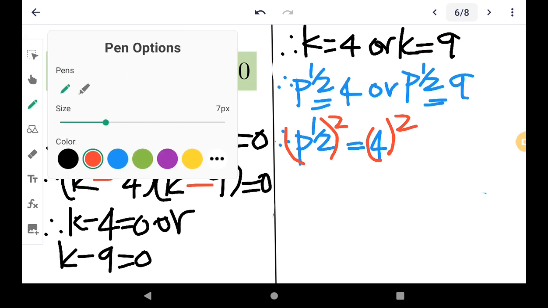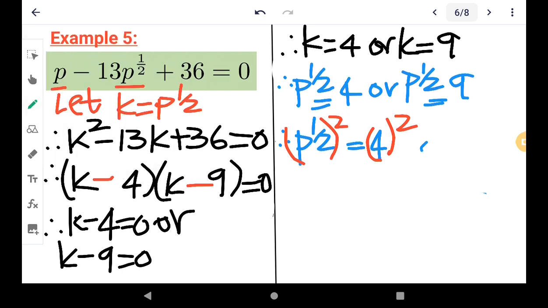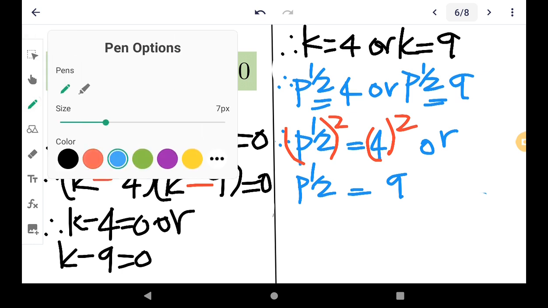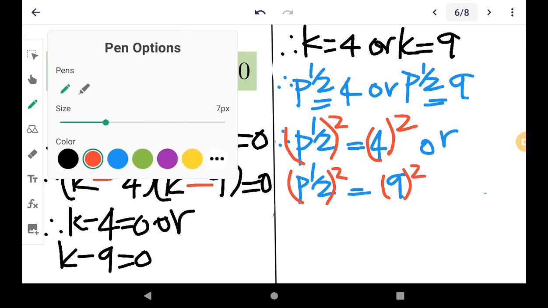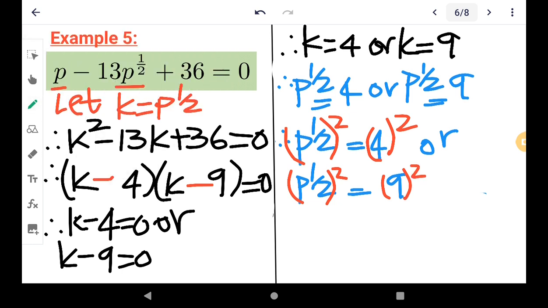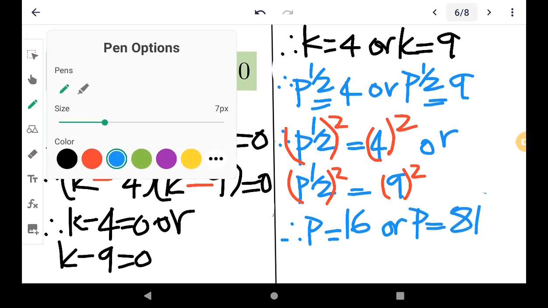Or p to the power of a half equals 9. You also square this. Therefore, you have p equals 4 squared, that is 16, or p equals 9 squared, that is 81. And that is your answer there.